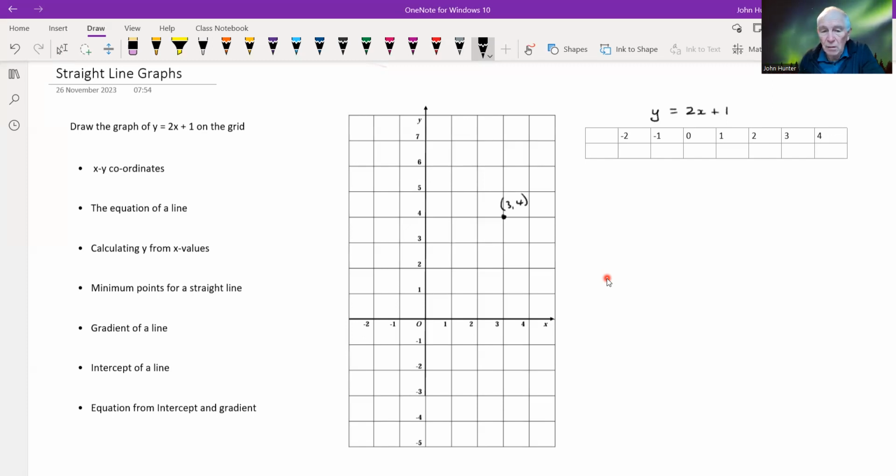So if we go along -2 and then up 2, we get to this point, and that would be -2 along, or 2 backwards, -2, 2. So that would be that point. And so you can see that all points in this quadrant here, both parts are going to be positive. Down here, they're both going to be negative, and so on.